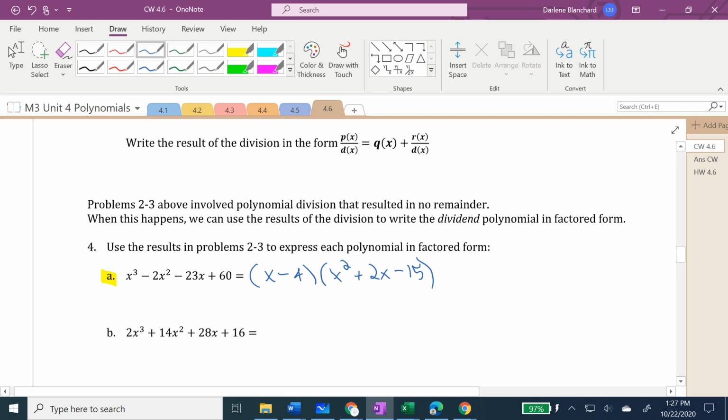And you are going to take this one step further and factor the quadratic. Notice that this one that I just highlighted in blue is a linear factor. And when you have a linear factor, that's as far as you're going to go. So I have x minus 4. And can you factor that quadratic into two factors?